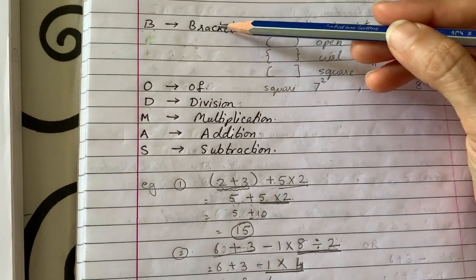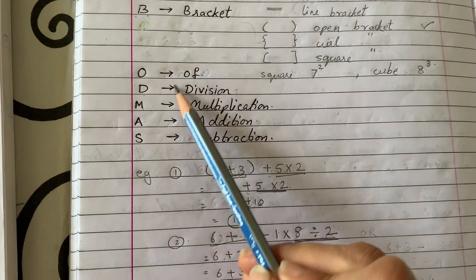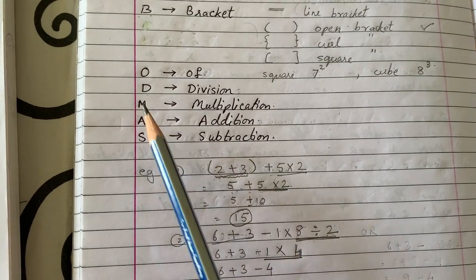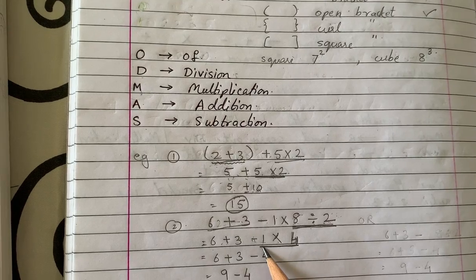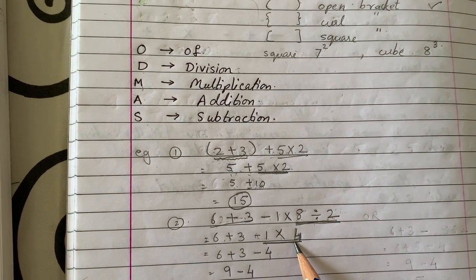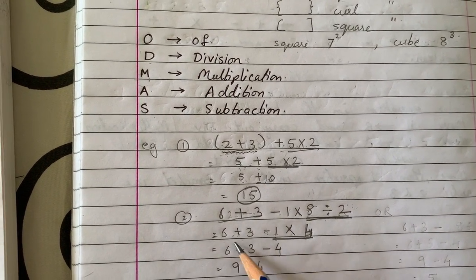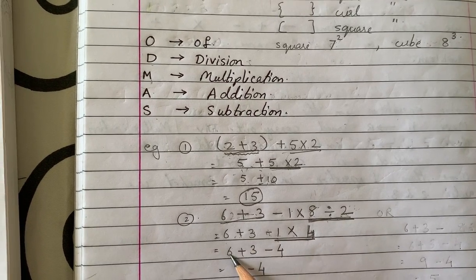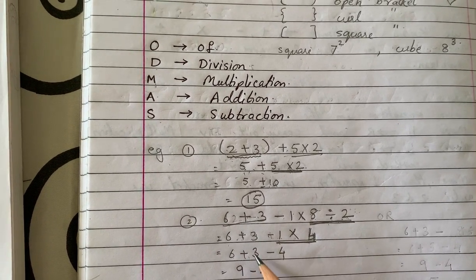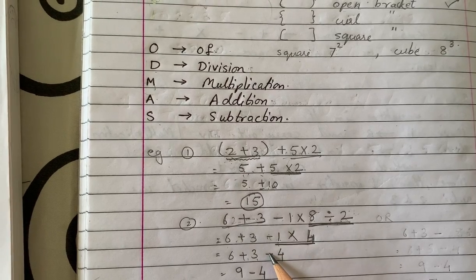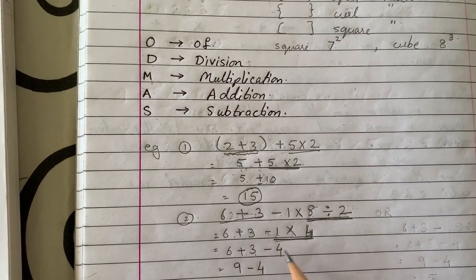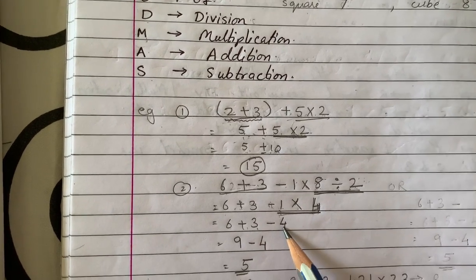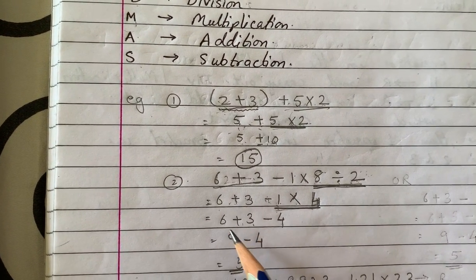So as per the rule, which comes first? Multiplication comes first, then addition and subtraction. So we will be solving the multiplication part first. So 1 into, we will be writing 6 as it is, plus 3, this minus sign as it is. Now 1 into 4 is 4. So we will write this 4.